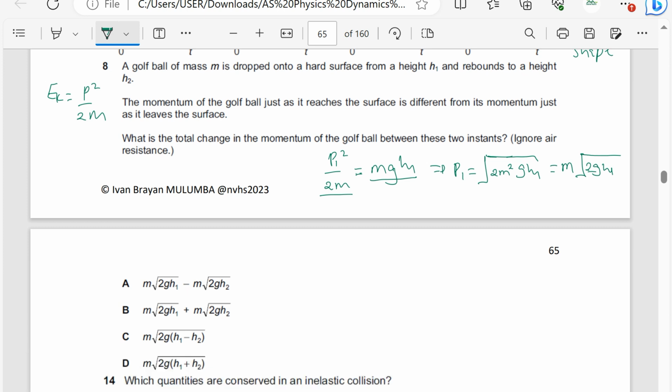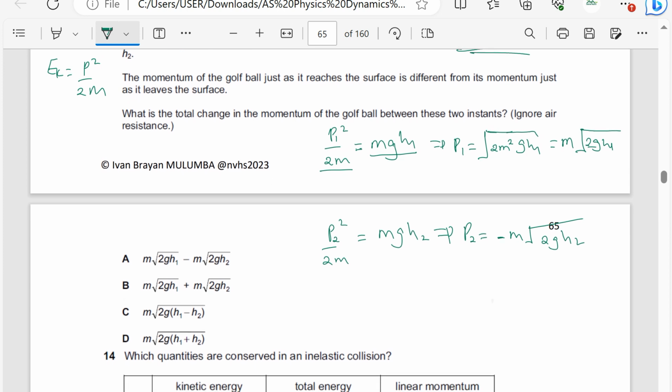Then for the second instance, it rebounds to a height h2. So it loses kinetic energy and moves to the height h2. The kinetic energy lost is P2 squared over 2m, and the potential energy gained is mgh2, which gives P2 equal to m square root of 2g h2. But this is going to be negative because it rebounds. So what is the total change in momentum?